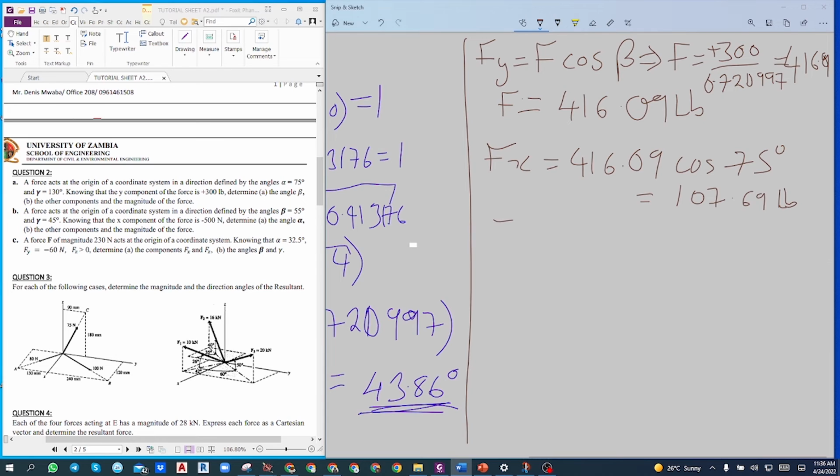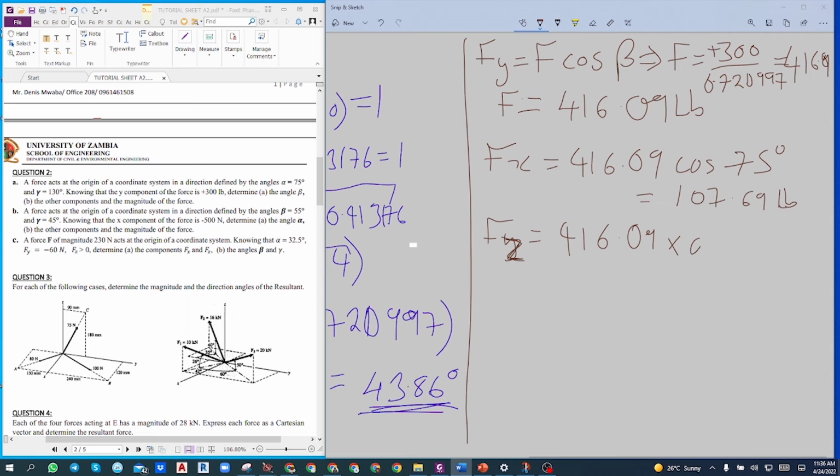Then we have Fy is equal to 416.09. No, not Fy. We already know Fy. I guess I'm struggling to press. So now we are finding our Fz.